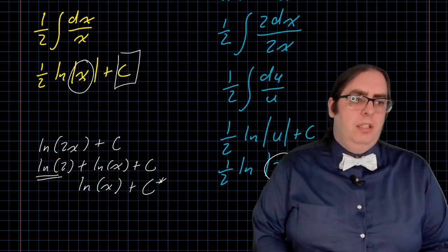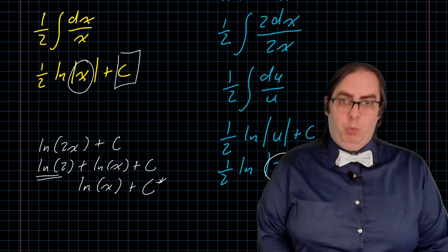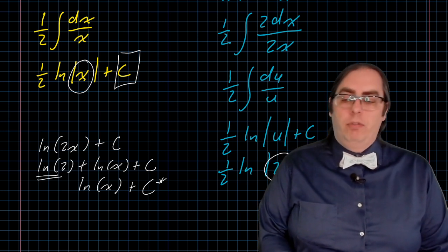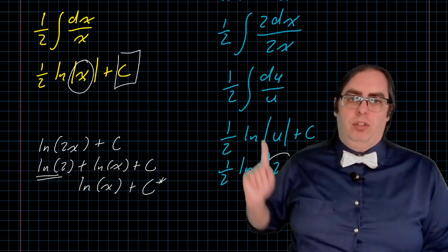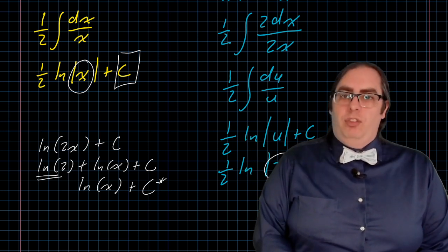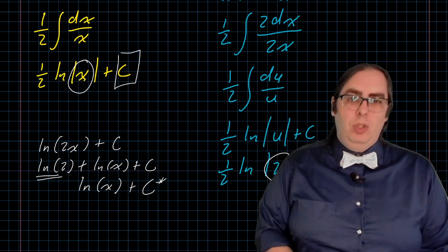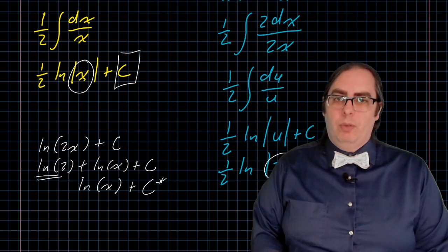I have seen battles between students, and when I say I have seen, I mean I was one of the two students battling over which one of these two things was the way to solve the problem. Don't be like student me. Learn from my mistakes. Remember that you can use properties of logarithms to rewrite things.